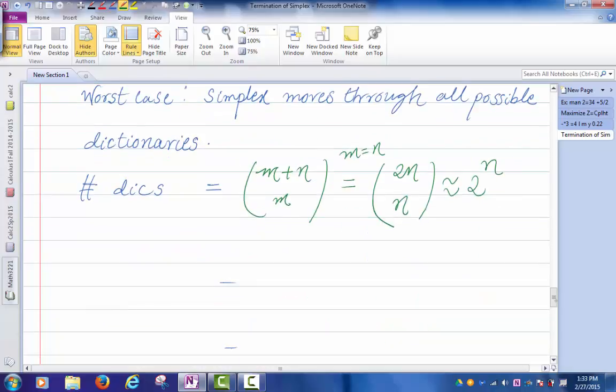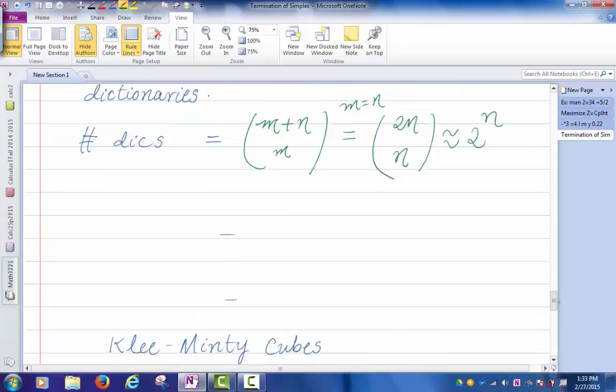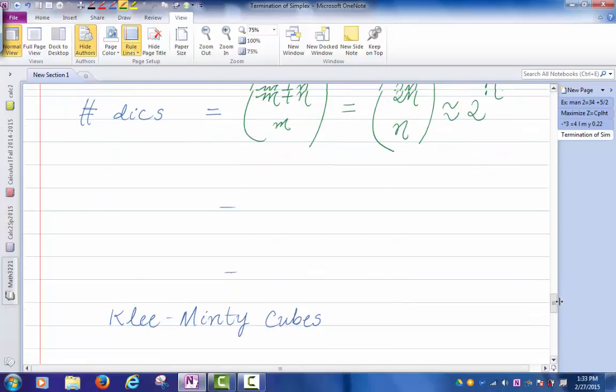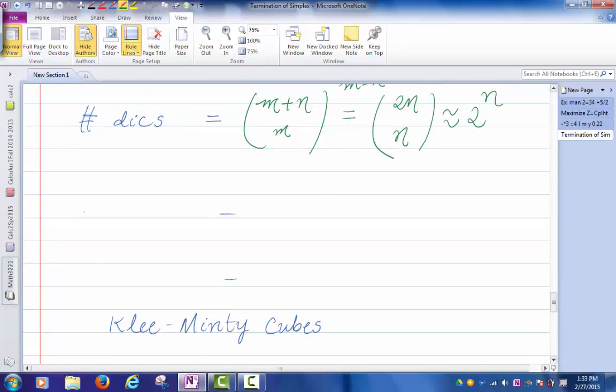The good news, though, is that in practice, on average, the complexity of simplex is polynomial.